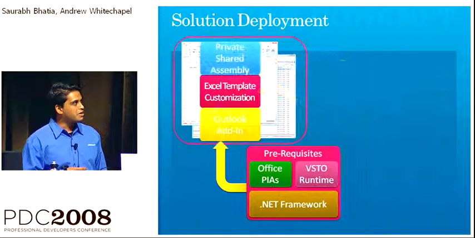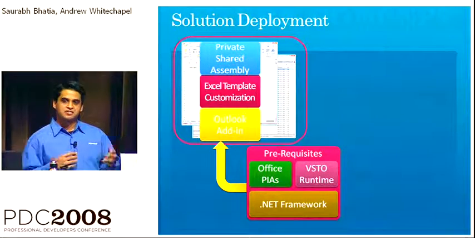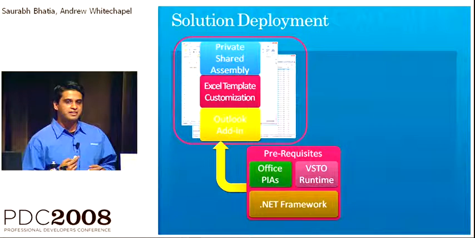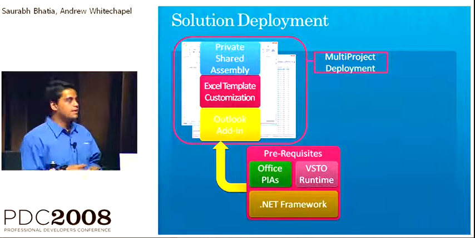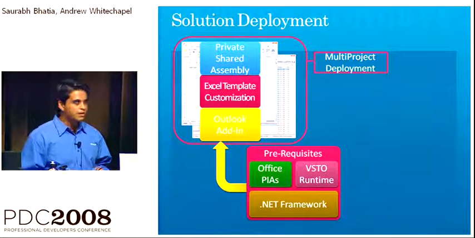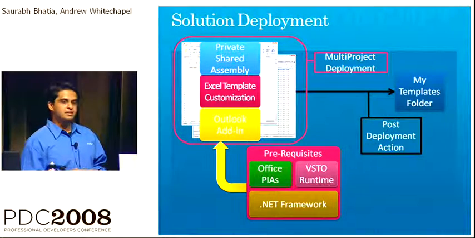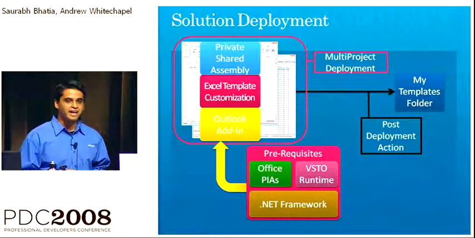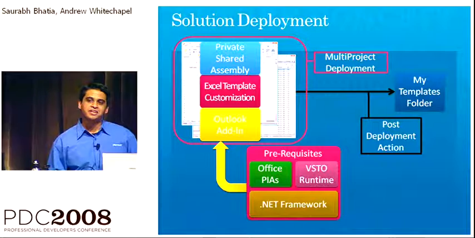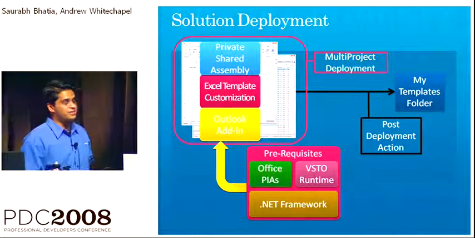First, we bundled all the project files together in just one ClickOnce package, and that was multi-project deployment. Next, we made things interesting by copying over the Excel template to the My Templates folder, which was done through a post-deployment action. Then we took it a step further and updated the solution.